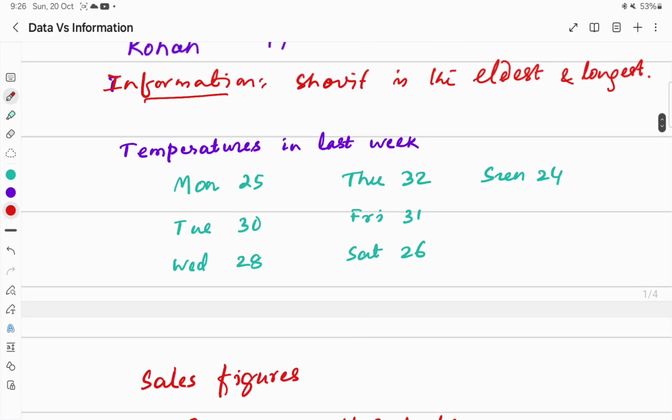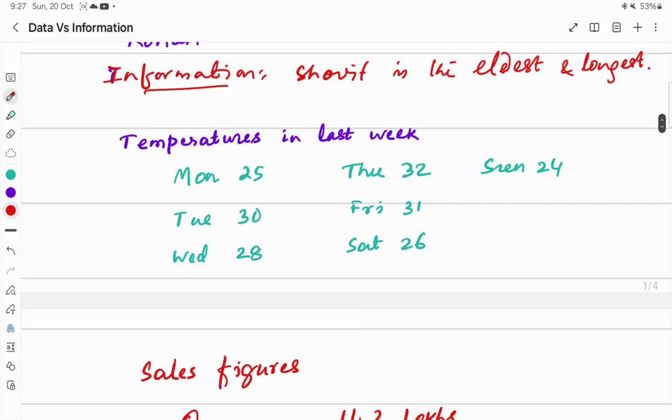Similarly, suppose we get another data, temperatures on different days, Monday, Tuesday, Wednesday, Thursday, Friday, Saturday and Sunday. So this is data. From this data, what information can we collect? The maximum temperature was 32 degrees Celsius on Thursday last week.